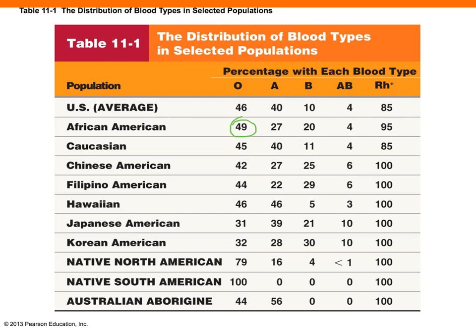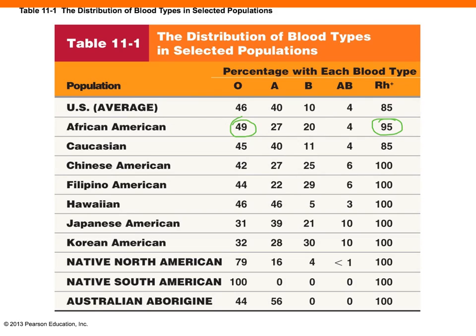I should have said that 49% of African Americans have type O blood, so that means we are lacking the A and B antigens. Now I have Rh positive blood, so I'm O positive, and you can see here that 95% of African Americans are positive for the Rh antigen. So I fall directly where, just looking at this table, you'd expect me to fall in the vast majority.